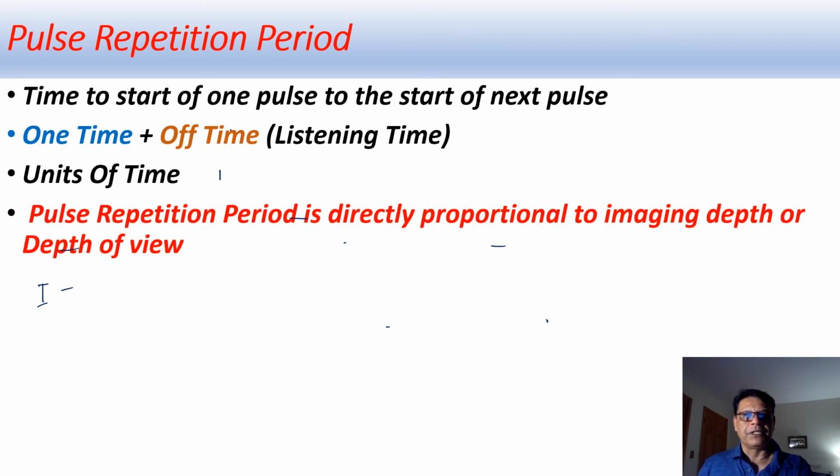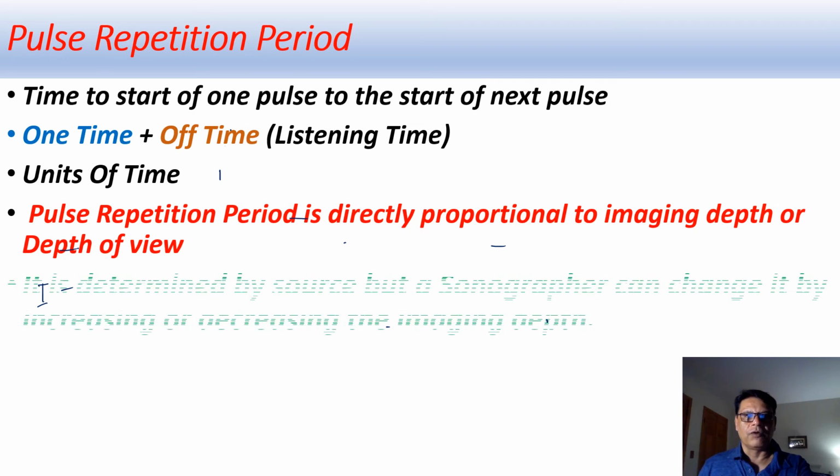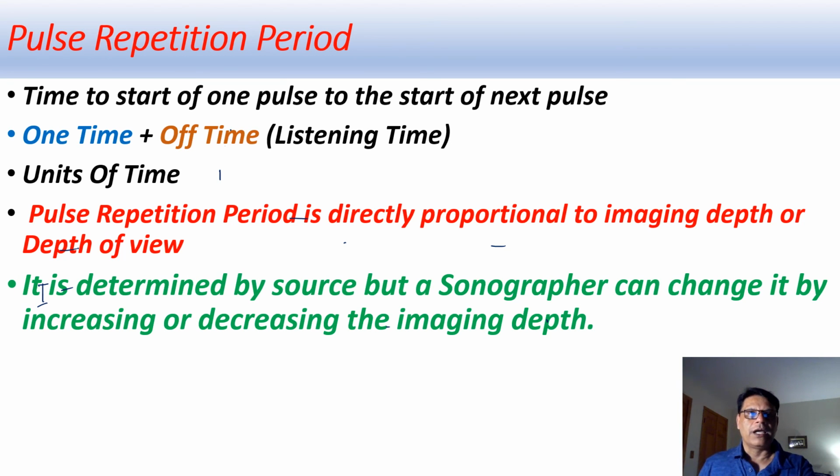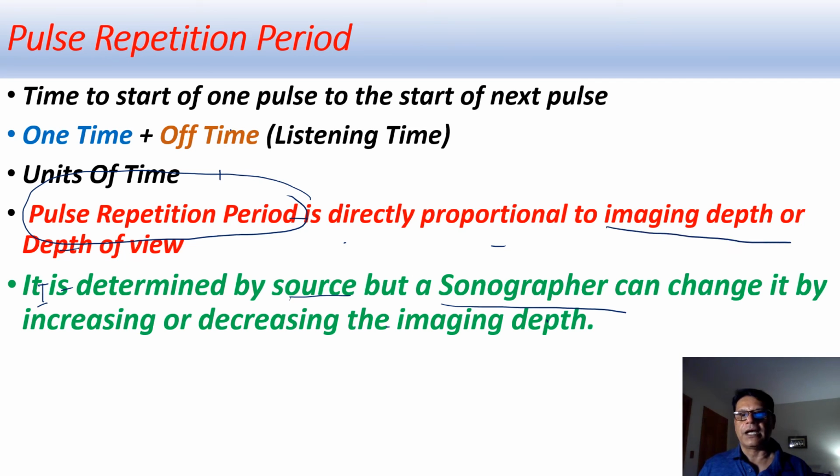Pulse repetition period is directly proportional to the imaging depth of the view. We will discuss a little later how imaging depth affects the pulse repetition period. It is also decided by the source, and the sonographer can change it. Pulse repetition period is changed by the sonographer, because it is directly proportional to the imaging depth or depth of view.